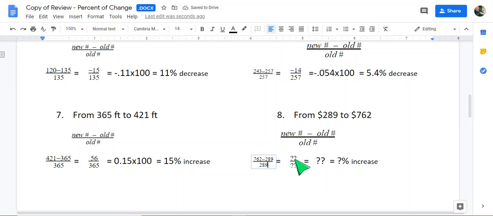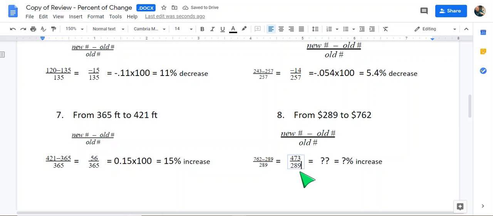Okay. I'm going to do 762 minus 289. Get 473. Divided by 289, the old number.